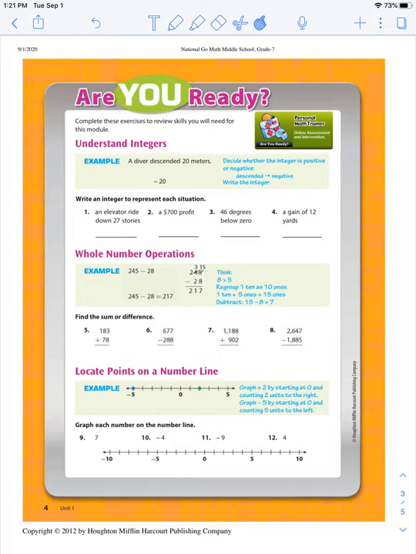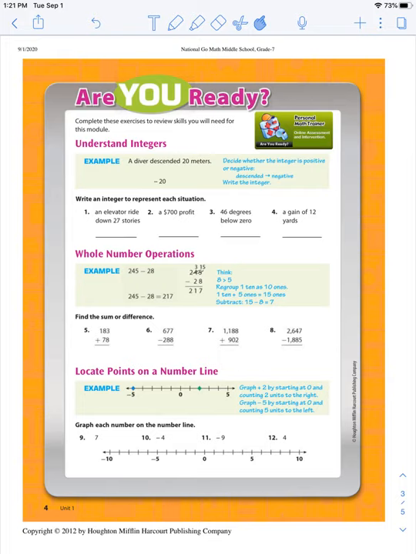All right, this is actually a page from your textbook where we talk about integers a little more. So that first part says, understand integers. The example, a diver descended 20 meters. We're going to write that as -20. Decide whether the integer is positive or negative. Because the diver descended, it went down, it's going to be negative. That's why we write -20.